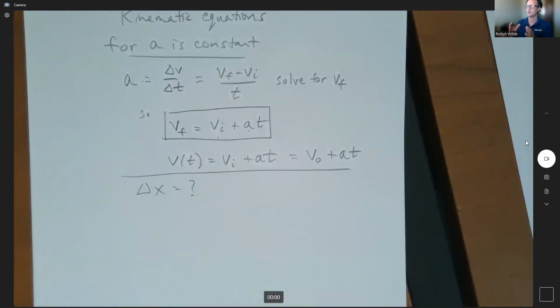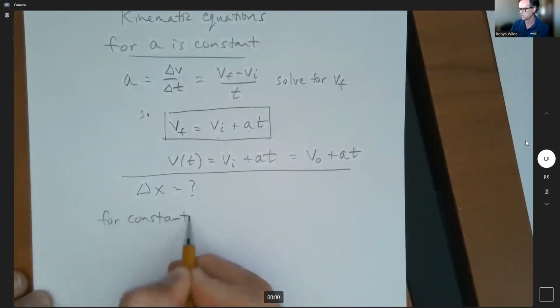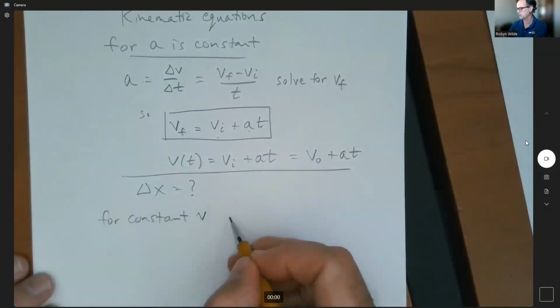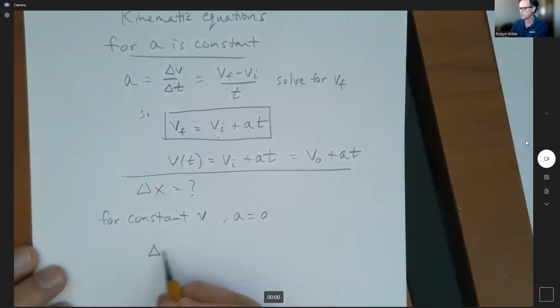It's a little easier to show this directly with calculus, but let me do an argument here. If you had a constant speed, if my velocity is constant, my acceleration would be 0, right? But it's still a constant acceleration, it's just 0. Well, my delta x, my displacement, would just be the velocity times the time.